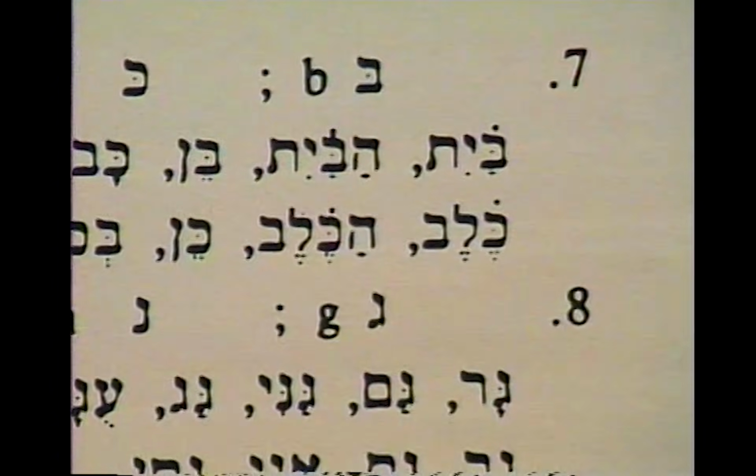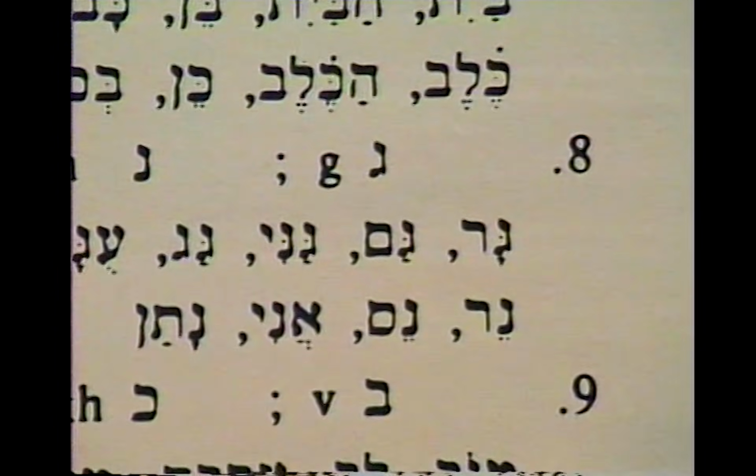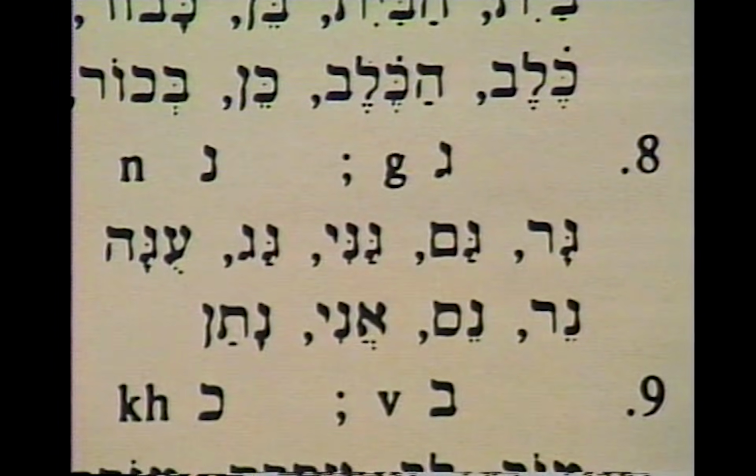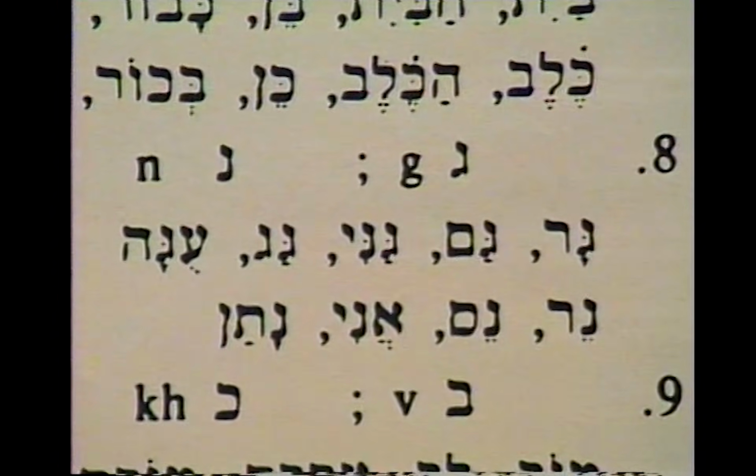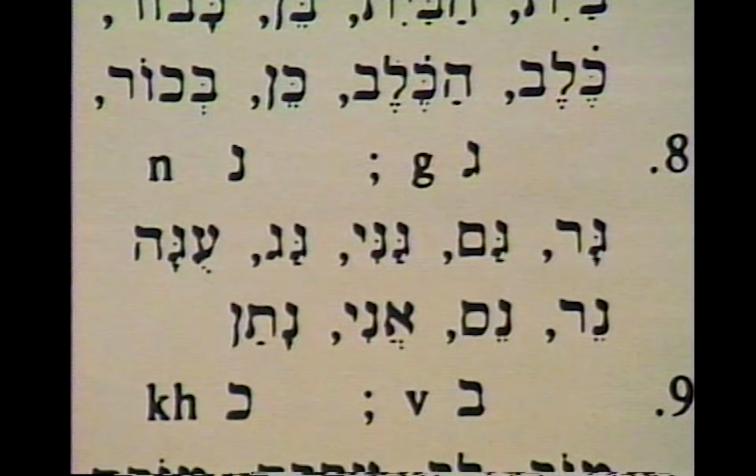All right, number 8 with the gimel and the nun. Gar, gam, gani, excuse me, gog, uga, ner.